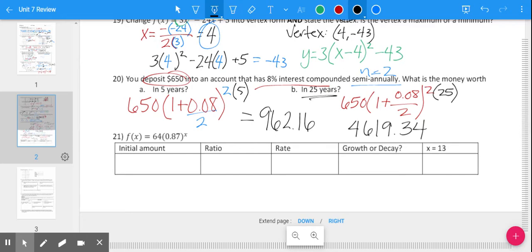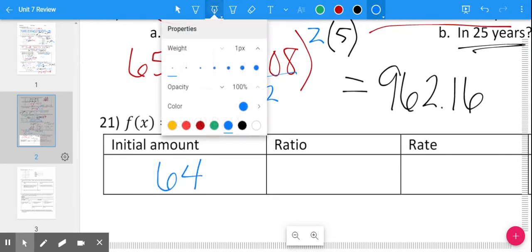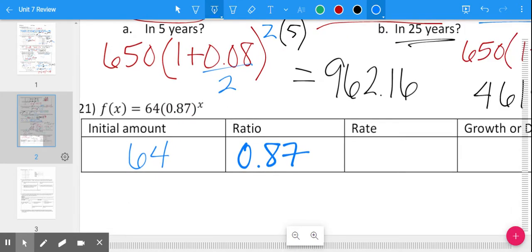So then the next part is just labeling. The initial amount is that 64. The ratio is what we're multiplying the 64 times. The rate is how you get from a 1 to a 0.87, and that's by subtracting 0.13.